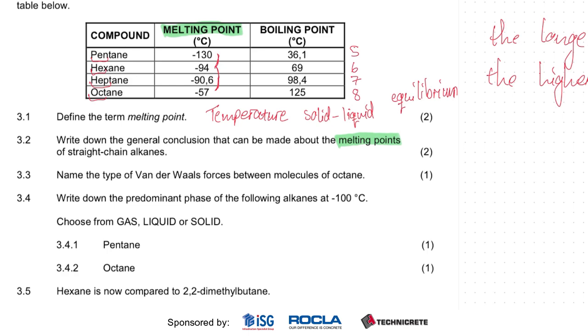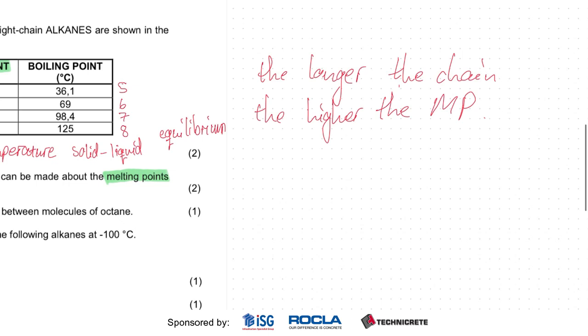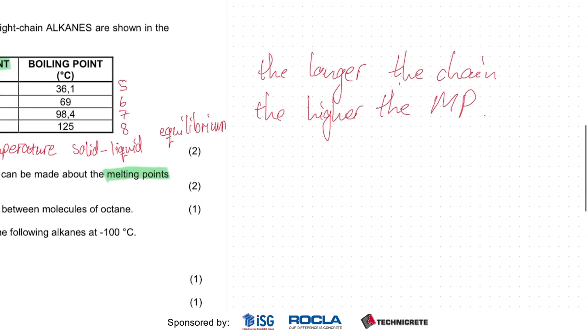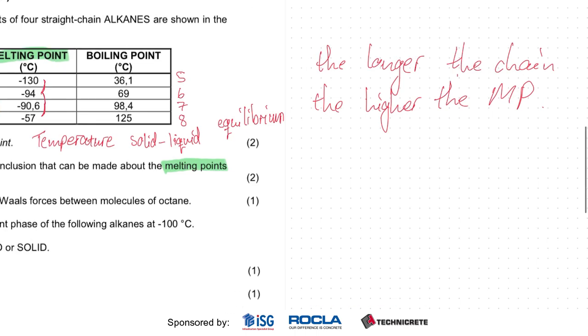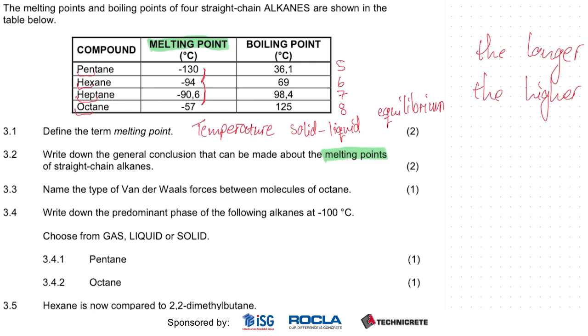So yeah. So we've just said the longer the chain. So this does imply, this is sufficient to answer, but instead of saying longer chain, you could say the number of carbons, you could say the molecular mass, because technically these increase in molecular mass.